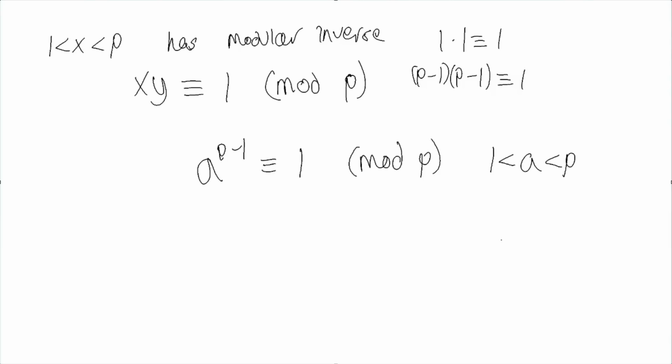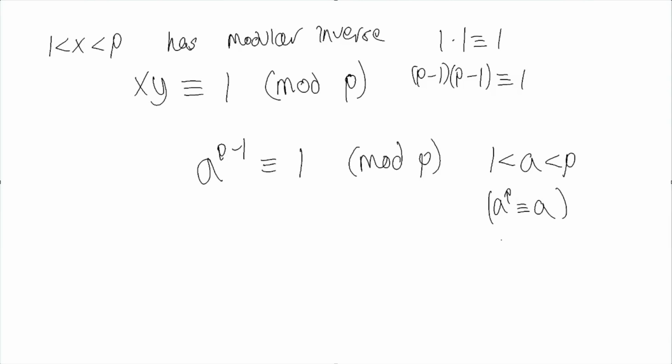In other words, a is non-zero. And if you want to include a as 0, then this becomes a to the p is equivalent to a. Is there a way to generalize this to other integers?